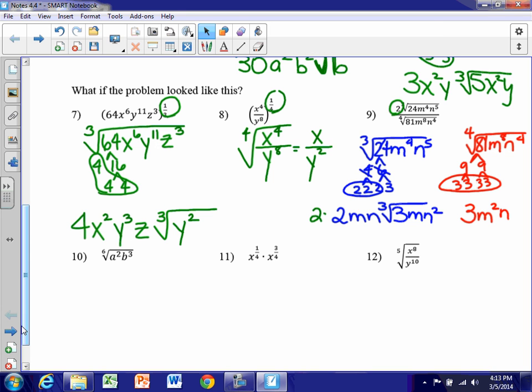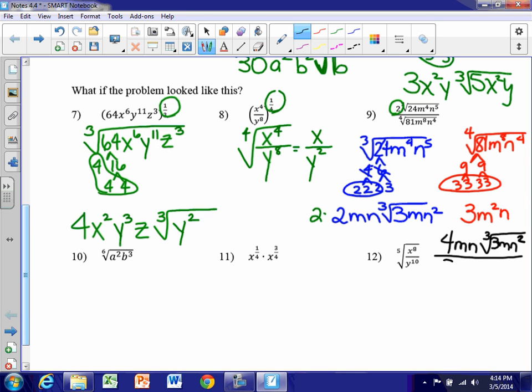Okay, so now let's rewrite our fraction. On the top, we're going to have a 4. We're going to have an m and an n, and the cube root of 3mn squared. And now the bottom has the 3, the m squared, and the n.